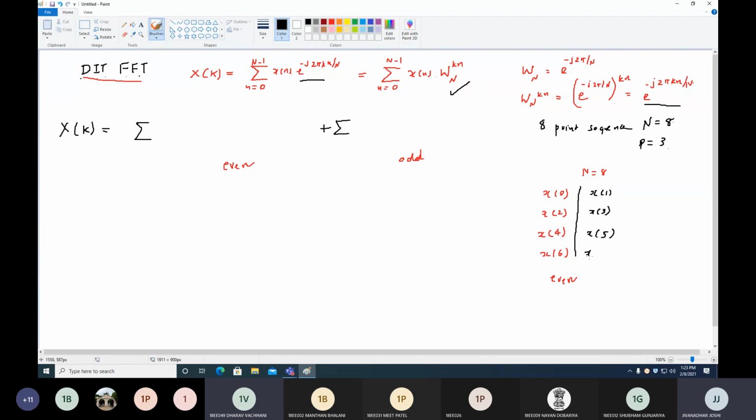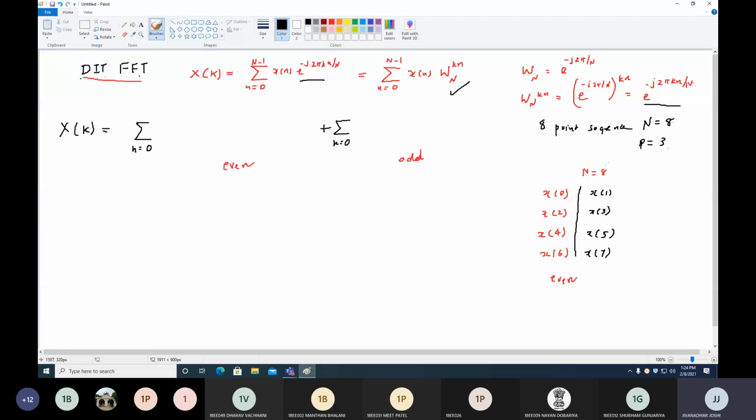Yes, 5 and 7. So now instead of 0 to 7, can you tell me what should I write here? 0 to how much? Because now this particular part of the equation is going to address 4 samples only. Similarly, this part is going to address 4 samples only.